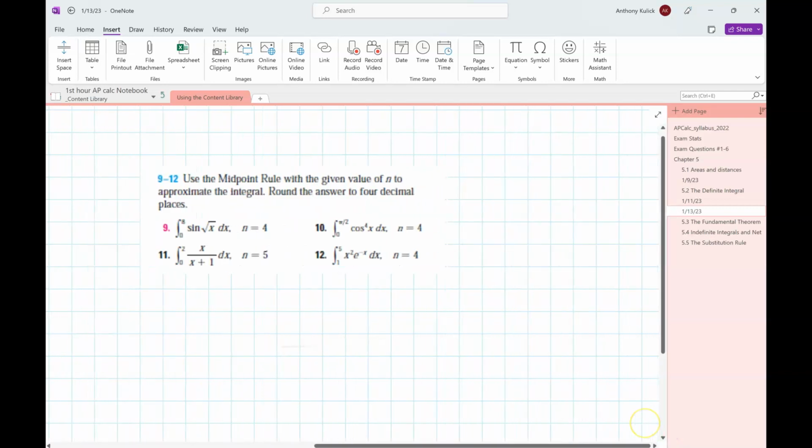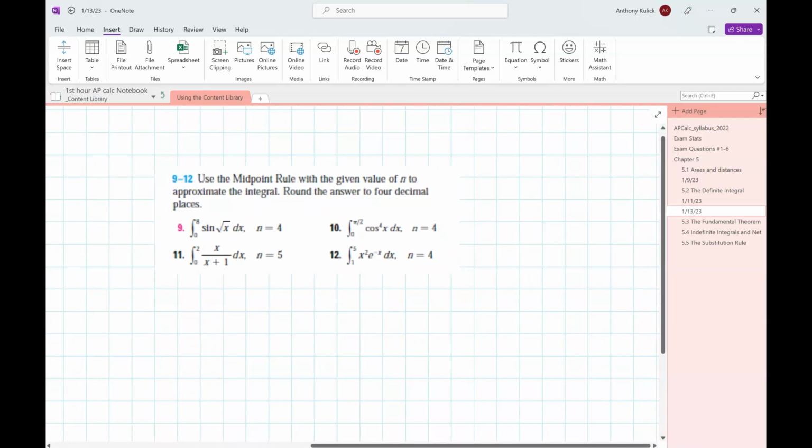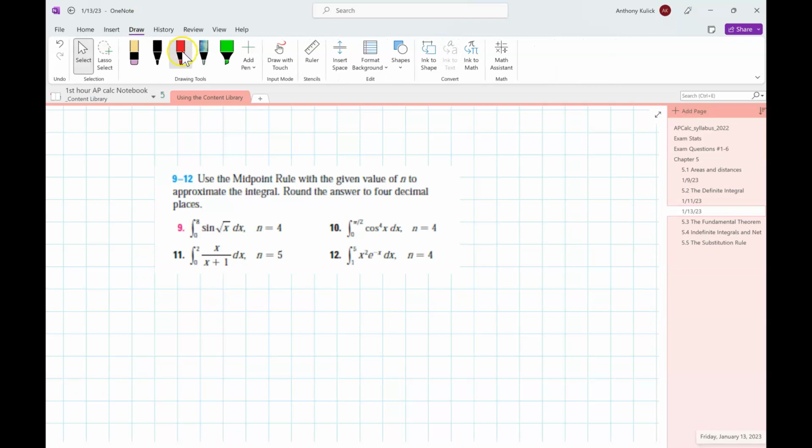It says use the midpoint rule with the given value of n to approximate the integral, and then round your answers to 4 decimal places. So first thing I'm going to recognize is that this is a trig function, so when I go to do this, the mode for my calculator should be in radians.